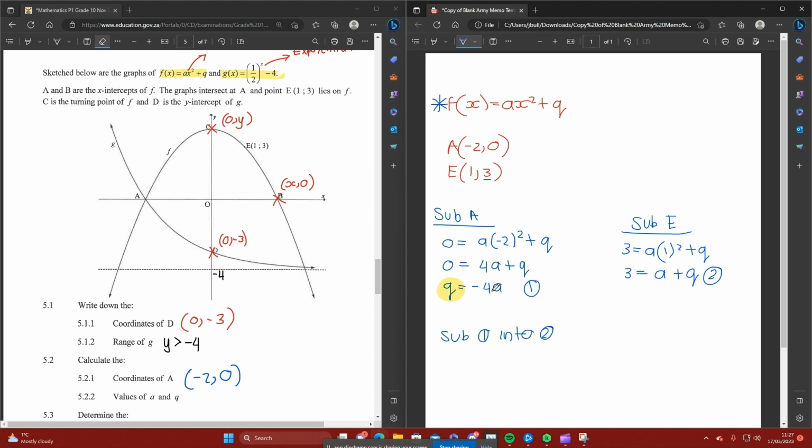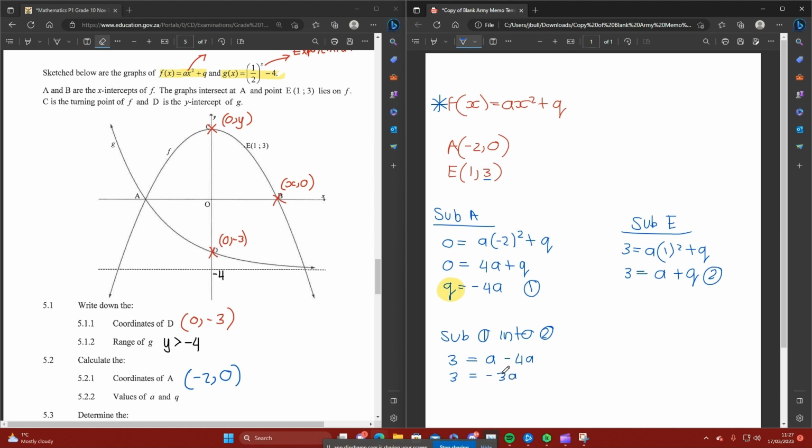Wherever there's q, we replace it with minus 4a. So we have 3 is equal to a, and then instead of the q, minus 4a. So we find that 3 is equal to 1a minus 4a, which is minus 3a.